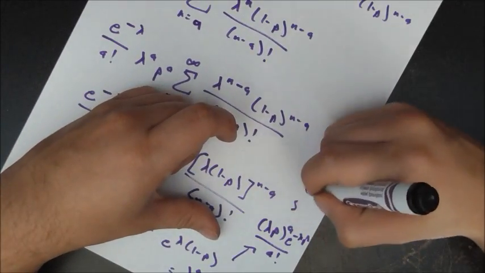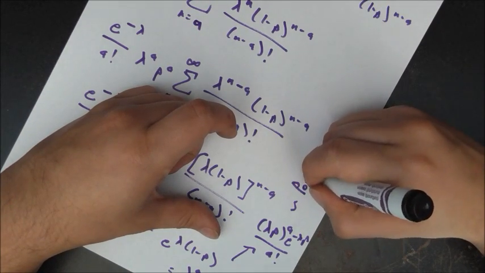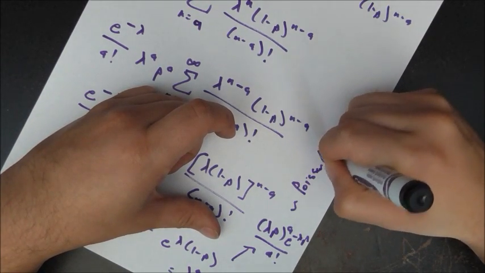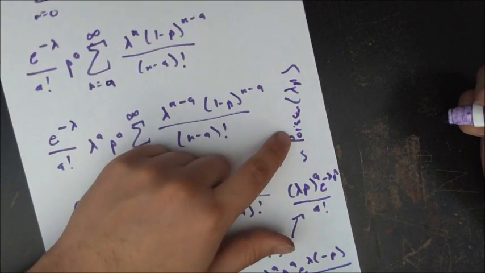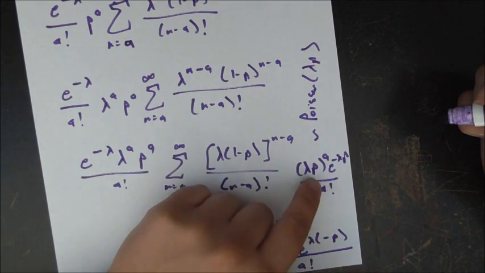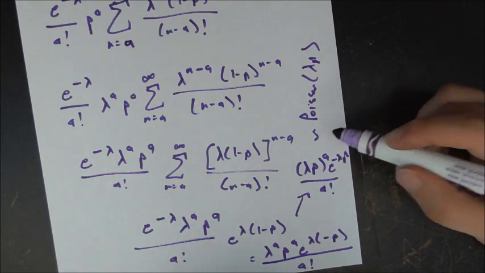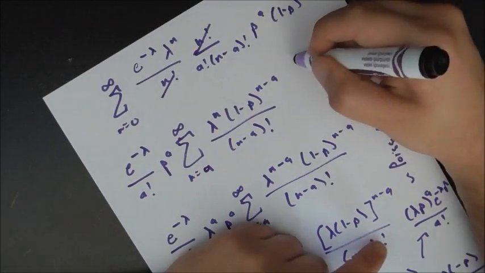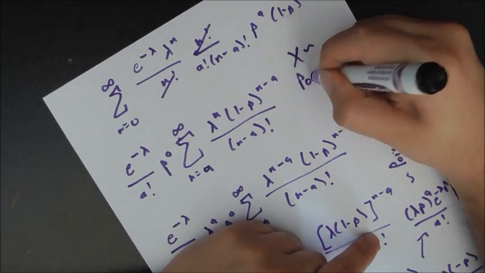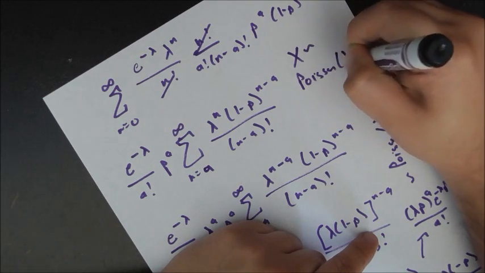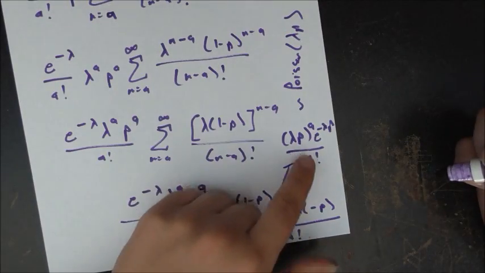And this is the distribution of a Poisson lambda p, right? Because the Poisson lambda p distribution would be e to the negative lambda p, times lambda p to the power of a, over a factorial. So we find that x is distributed as Poisson lambda p, evaluated at a.